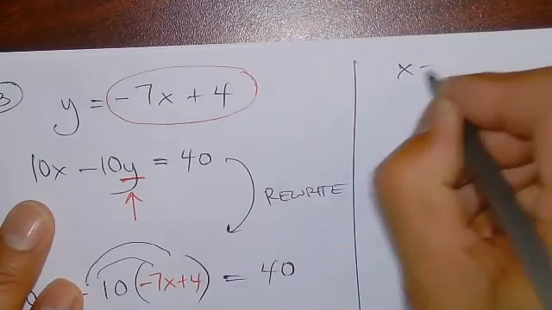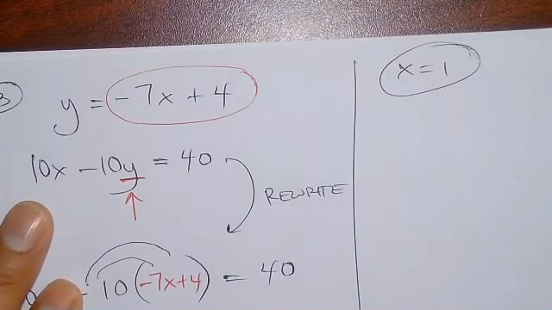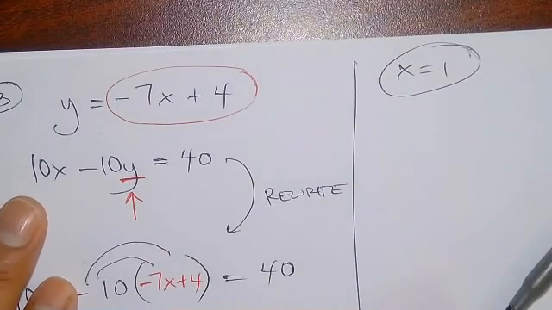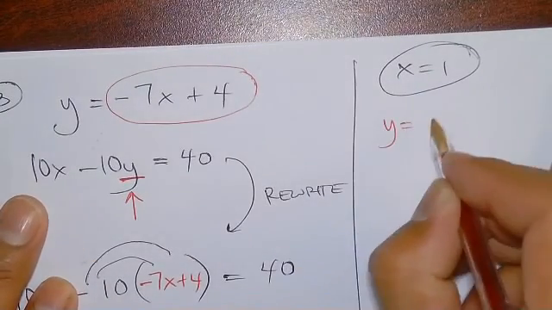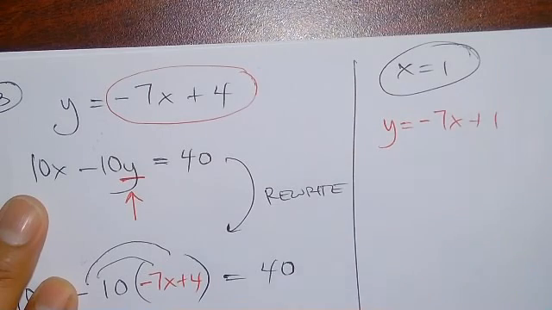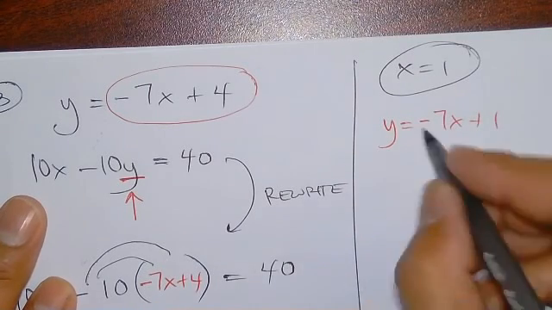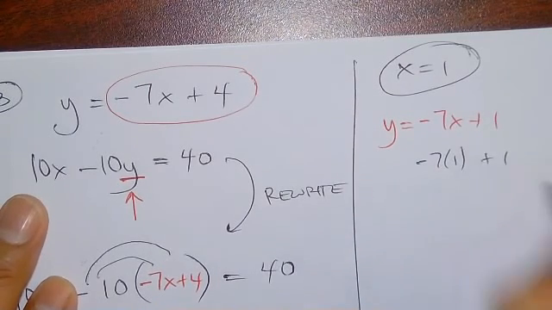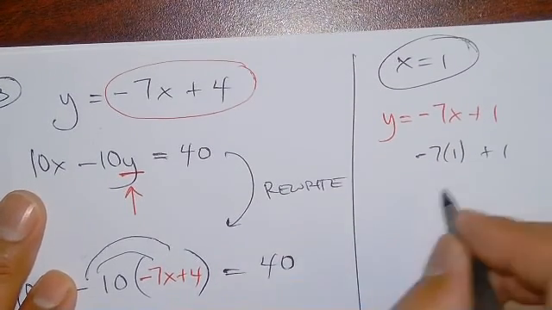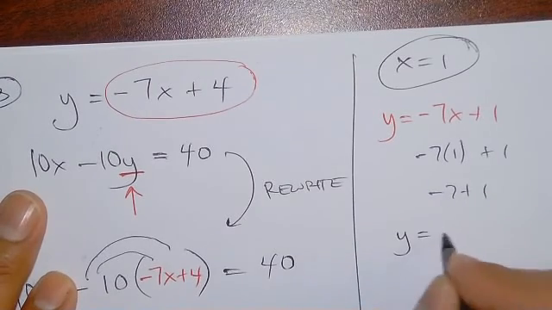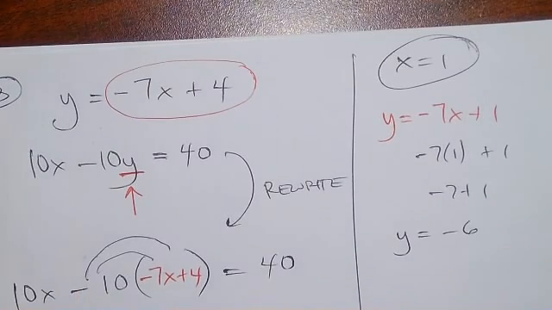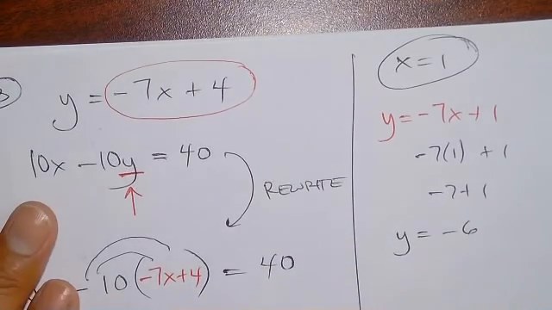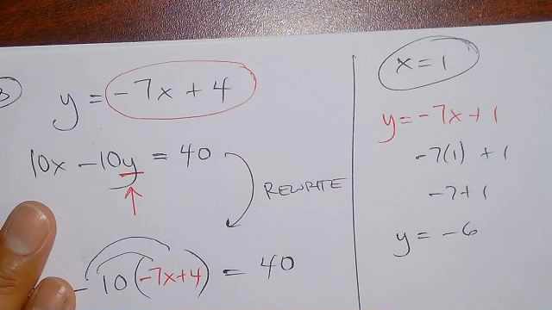All right. Now what do I do? I have to go back and find the other one. I just found out that x is equal to 1. Which one are you going to choose? This simple one. And when you multiply like that, I hope you got y is equal to negative 6.